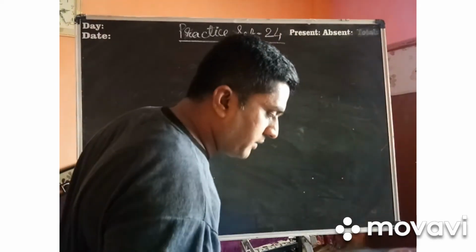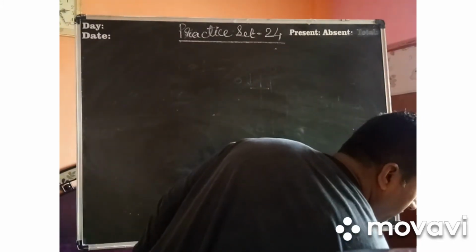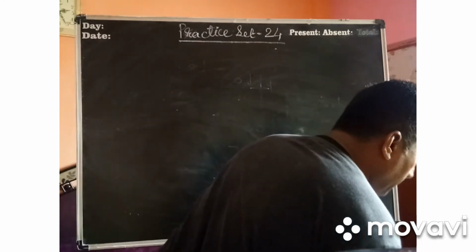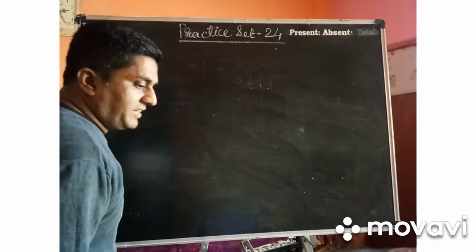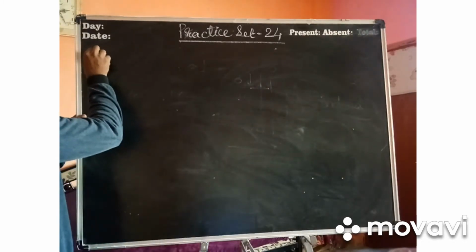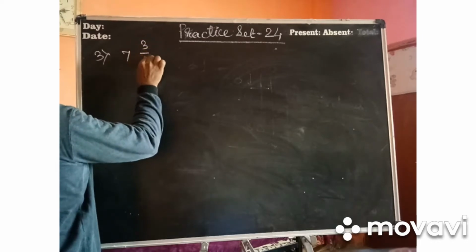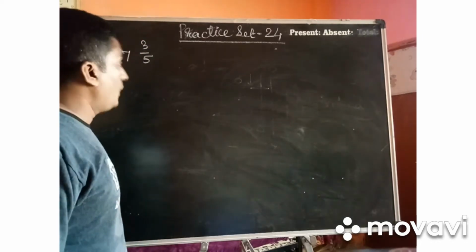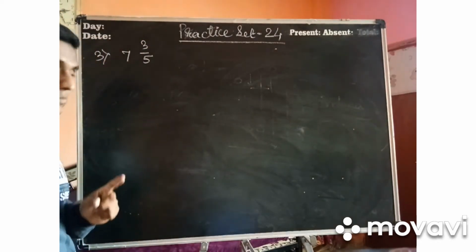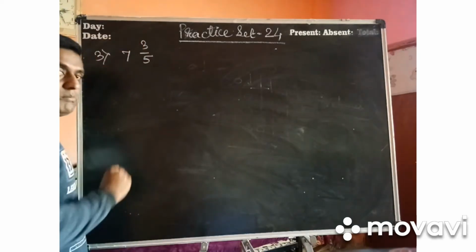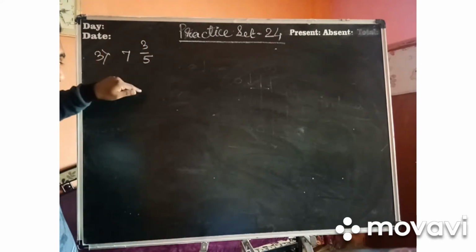Now your third sum is 7 and 3 upon 5. How to start? We can't start directly. Why? This is a mixed number in which 7 is there and 3 upon 5.